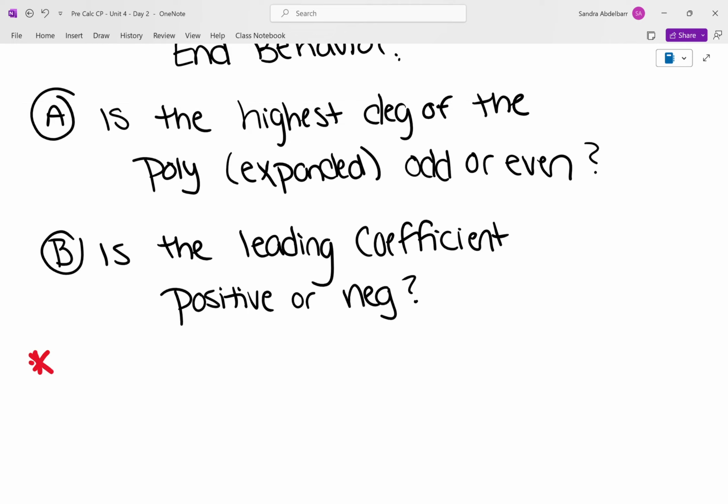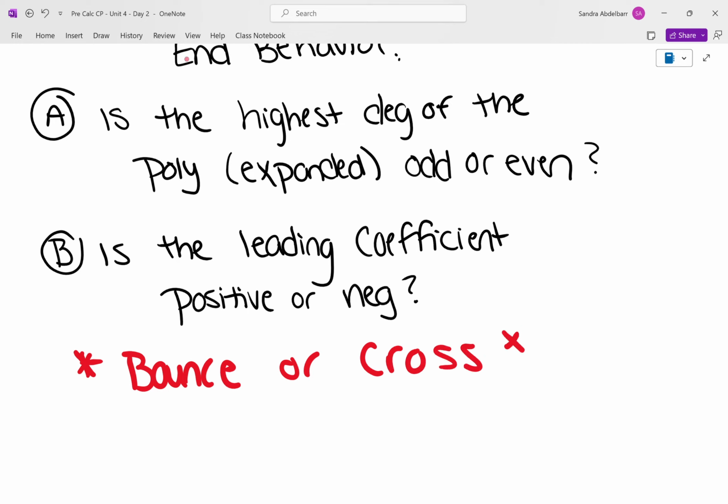Okay, and then I'm also going to put a star. And we're going to say bounce or cross. And this means nothing to you right now until I actually do some problems.